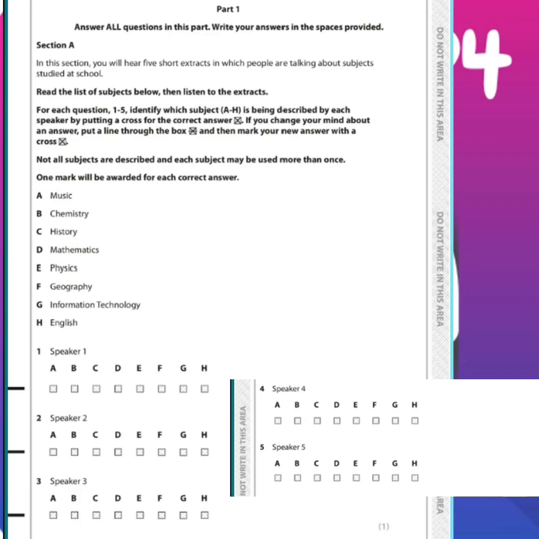If you change your mind about an answer, put a line through the box and then mark your new answer with a cross. Not all subjects are described, and each subject may be used more than once. 1 mark will be awarded for each correct answer.